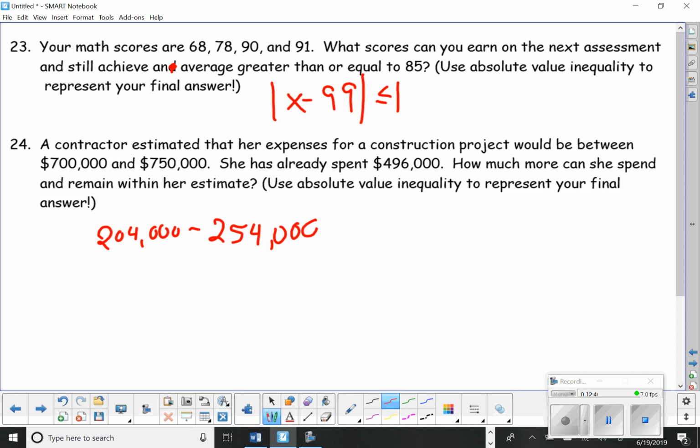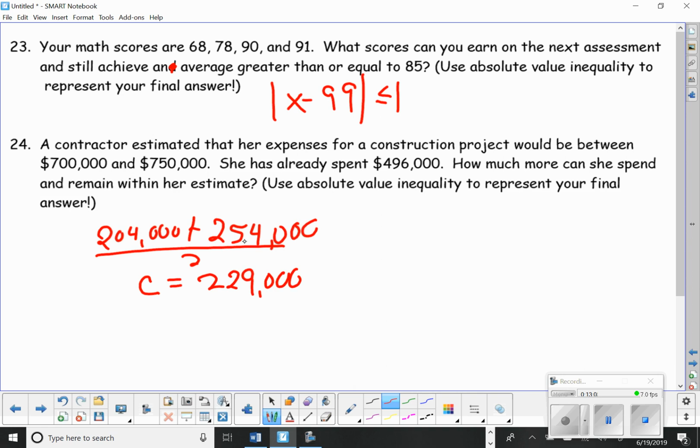So now that we have that, we need to find the center. If I add those two together and divide by 2, 204,000 plus 254,000 divided by 2, we're going to have 229,000. That's my center.